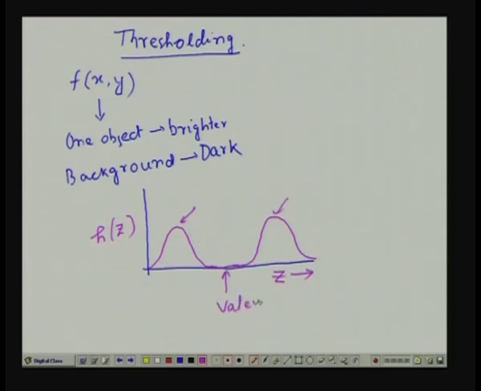So, this is the valley, this is one peak and this is the other peak, and as we have assumed that our object is bright and the background is dark, all these pixels which are grouped in the lower intensity region belong to the background, and the other group of pixels belong to the object.